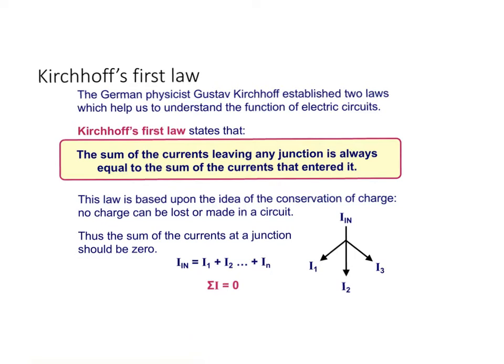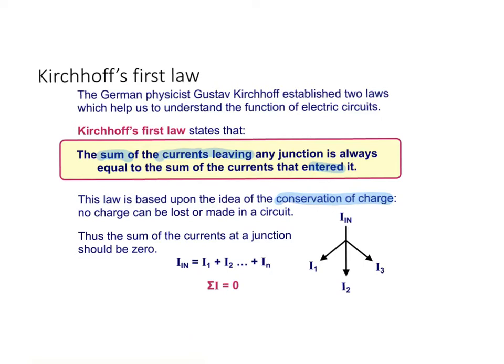So Kirchhoff said that the sum of the currents leaving a junction is always equal to the sum of the currents entering. Now, this law is based on the conservation of charge, meaning that no charge can be created or destroyed or lost or made in the circuit. So wherever charge is there, it's there. You cannot create or destroy charge.